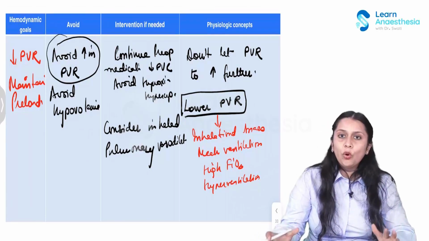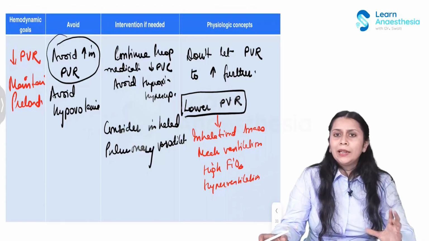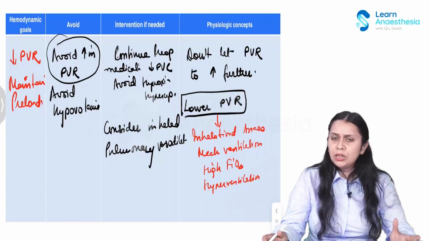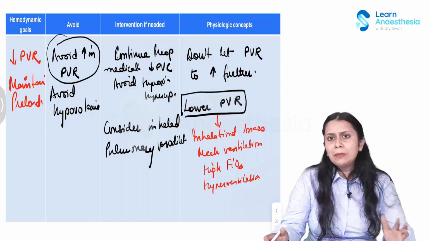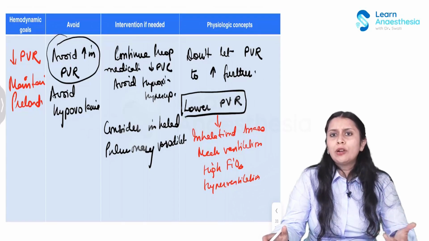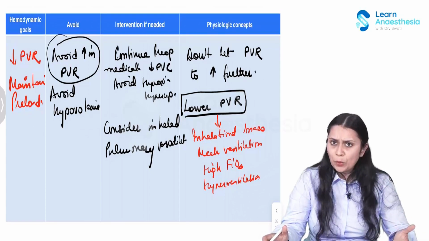The goal is to maintain the pulmonary vascular resistance, or try ways to decrease it if possible, and maintain the preload of the patient.